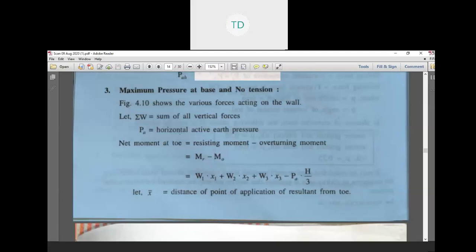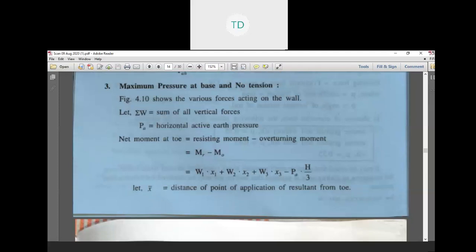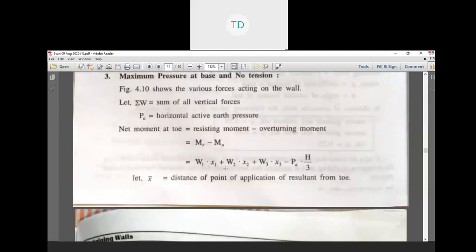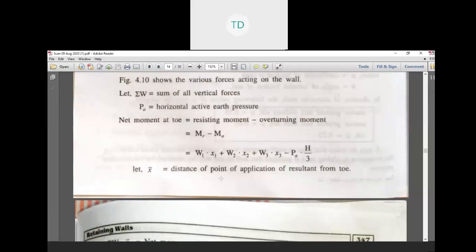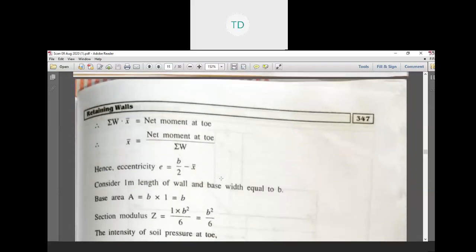Net moment at toe is resisting moment minus overturning moment. Resisting moment we have W1 into X1 plus W2 into X2 plus W3 into X3 minus PA into H by 3. Let X bar be the distance of the point of application of the resultant from toe. Now summation of W into X bar is equal to net moment at toe. So X bar is equal to net moment at toe divided by summation of W.